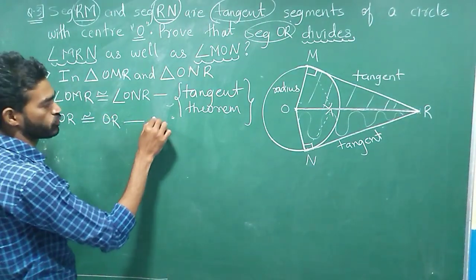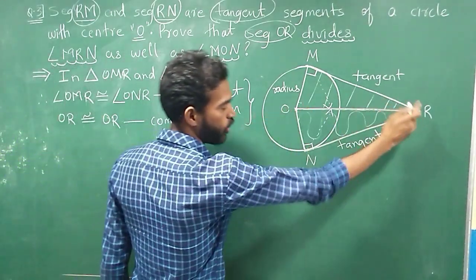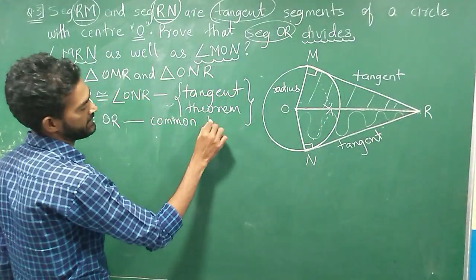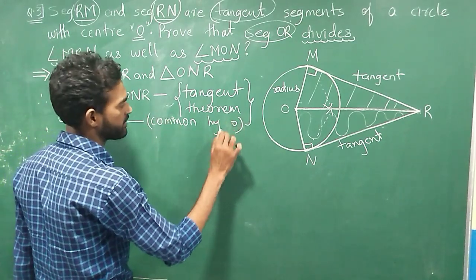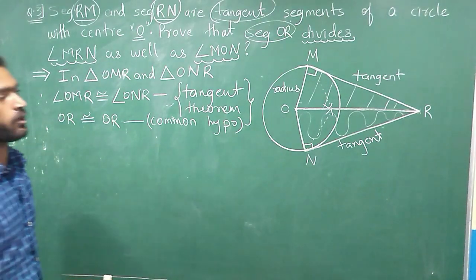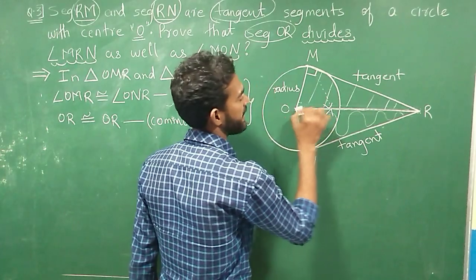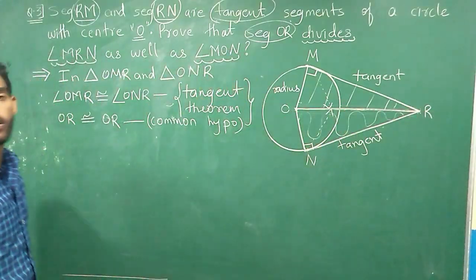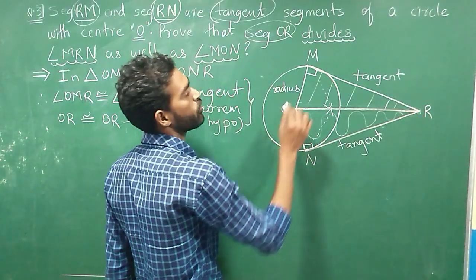Why? They are the hypotenuse. First of all, we can see they are common. So we will write them as common hypotenuse. Clear? Now, can you see this side OR is their hypotenuse.